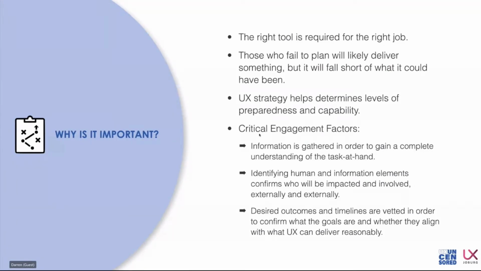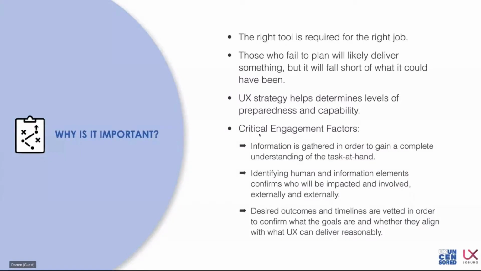If you put code in and bring up that code, the browser is going to interpret the code. It doesn't mean that you succeeded. It simply means that the browser can interpret code, but the browser is not going to let you know if something will or will not work. So you will deliver something, but it's likely going to fall short of what it could have been had you planned a little more and approached things from a more methodical standpoint.